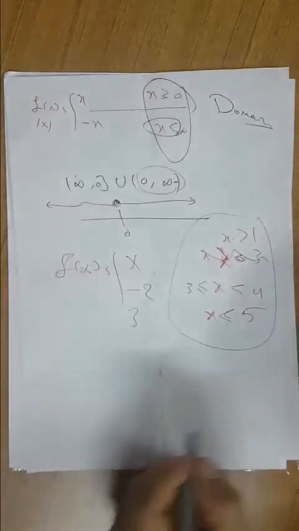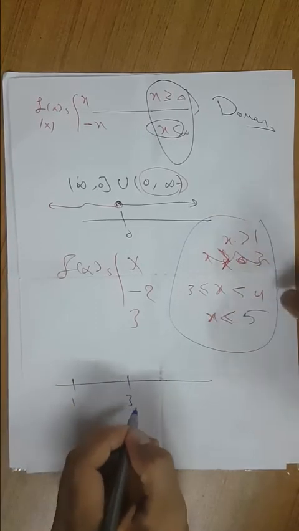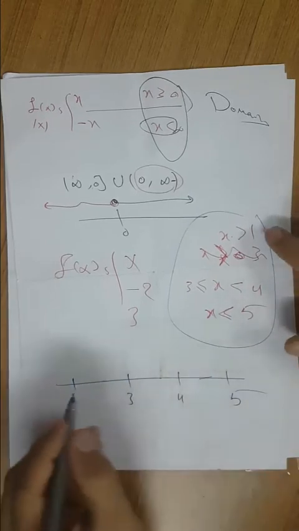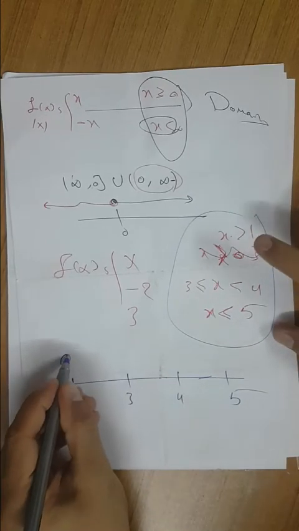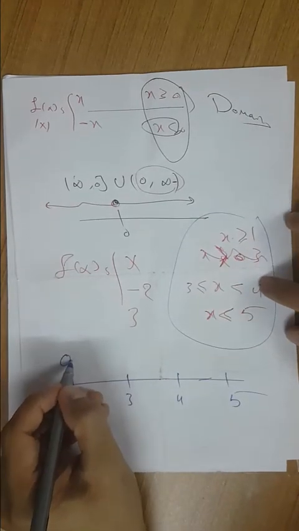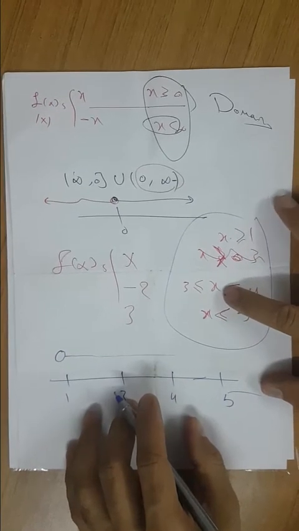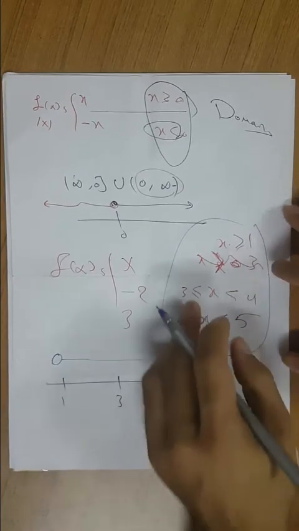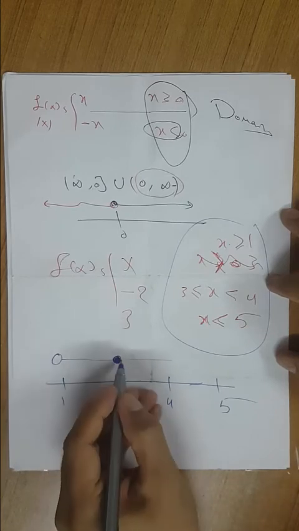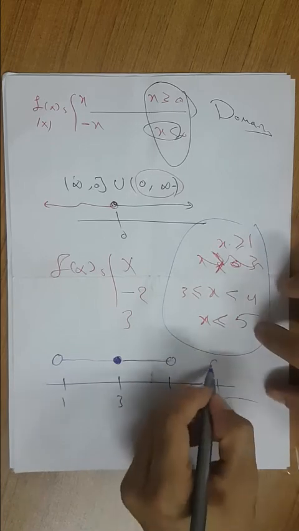How? By this one. I say I have 1, 3, 4, 5. Greater than 1 means open, because there is no equality. If I have equality, we should fill the gap. Now, x between 3 and 4, and x less than 5.